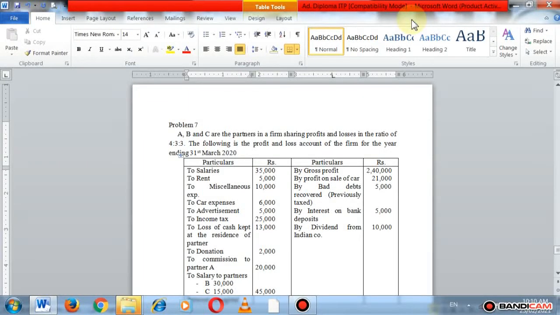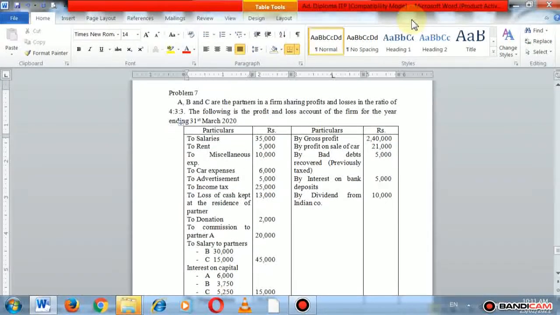The debit side particulars and rupees, credit side particulars and rupees are given below.